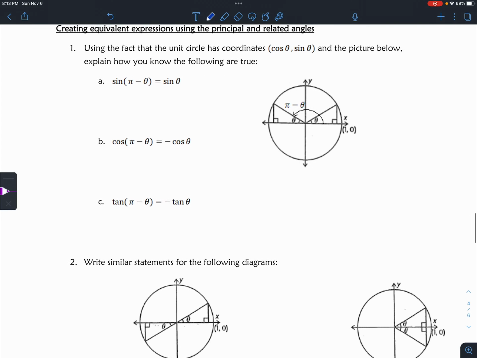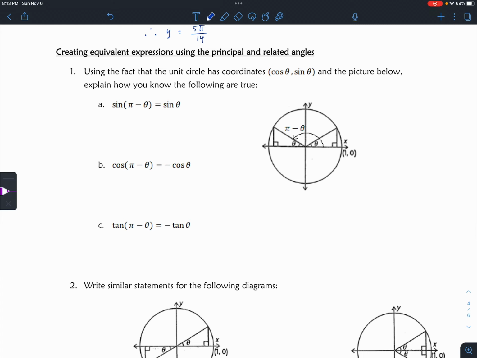All right, just to summarize this, we're going to compare related angles to principal angles, using the fact that the unit circle has coordinates cosine theta, sine theta. Recall that if we have a point on the unit circle at the end of the terminal arm, since the length of the terminal arm is 1, any point can be written as cosine theta, sine theta.